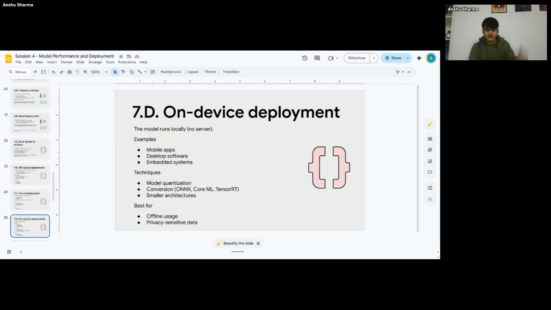So for example, Google ML Kit in Android, you can use models from that. They are locally run, right? So you can use models like that. And desktop systems and embedded systems also do this, right? There are some techniques we can use to decrease the size of the model, and those techniques are something like model quantization.